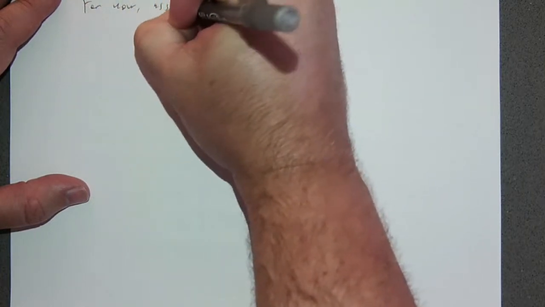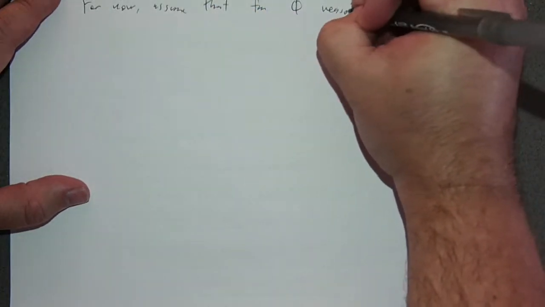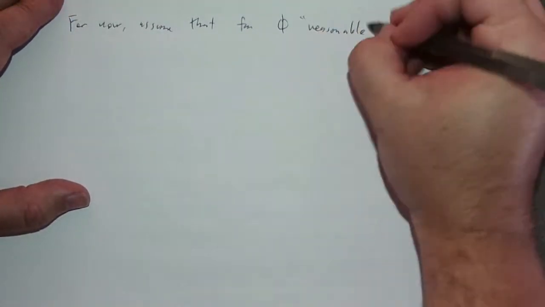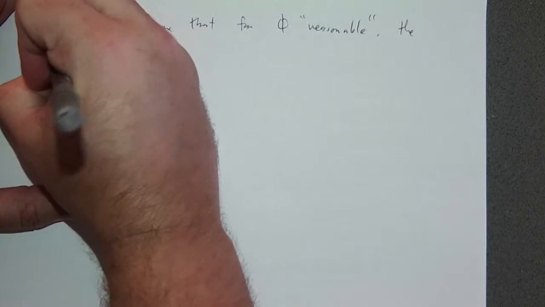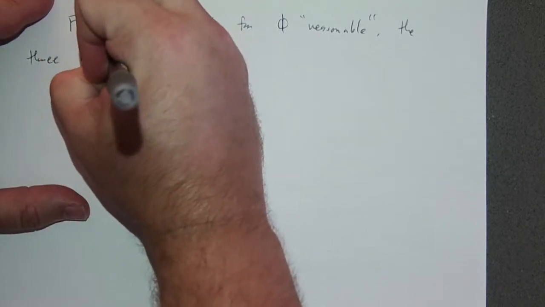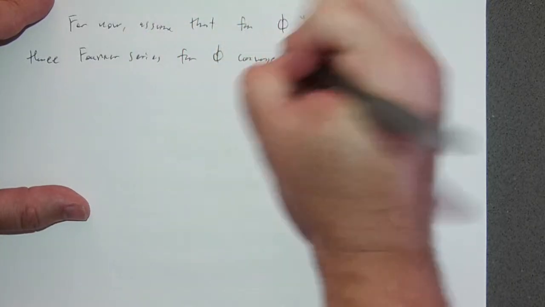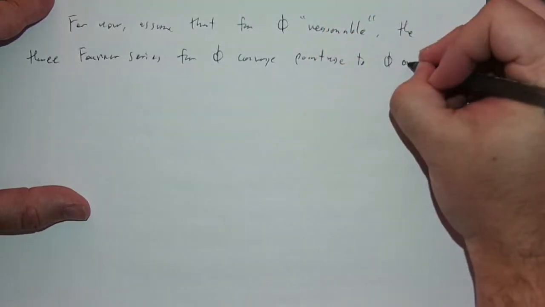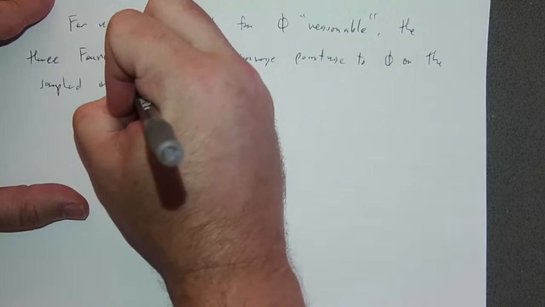So for now, assume that for phi reasonable, the 3 Fourier series in question for phi converge pointwise to phi on the sampled interval.